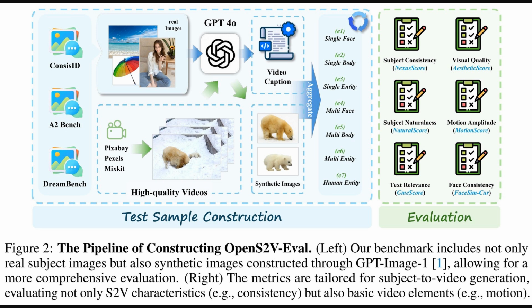Then, on the right side, under evaluation, it shows the metrics used. We have some familiar ones like visual quality, but also the new ones introduced. Nexus score for subject consistency, natural score for subject naturalness, which uses GPT-4o to check if the subject behaves realistically, and GME score for text relevance. These tailored metrics are key to comprehensively evaluating subject-to-video generation models.